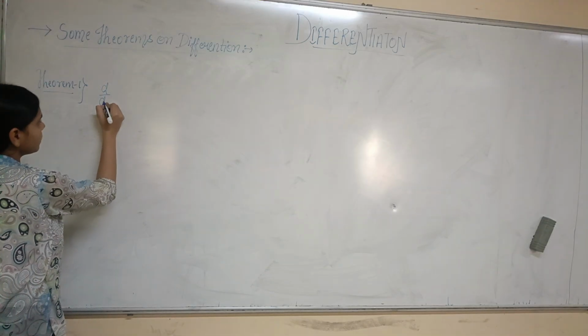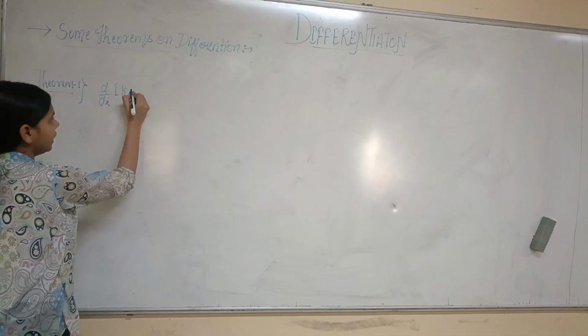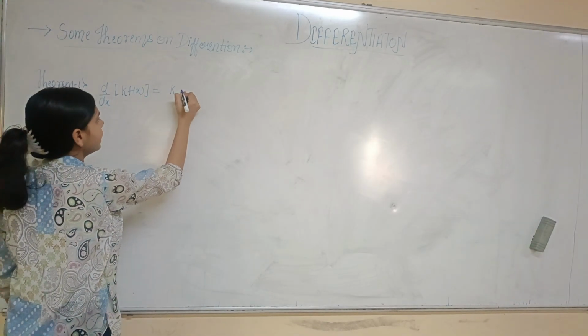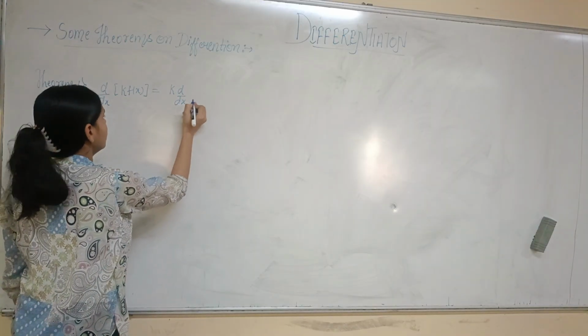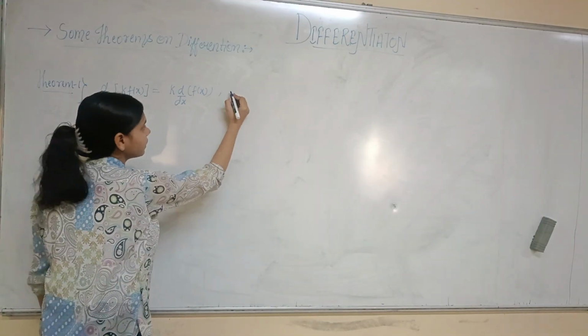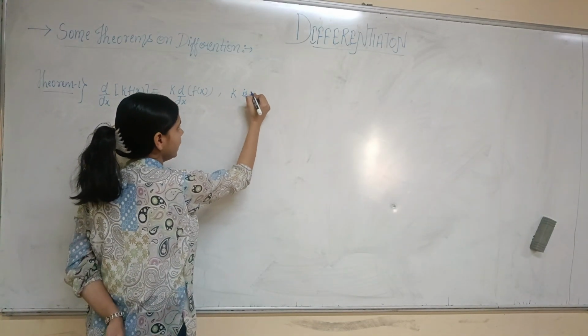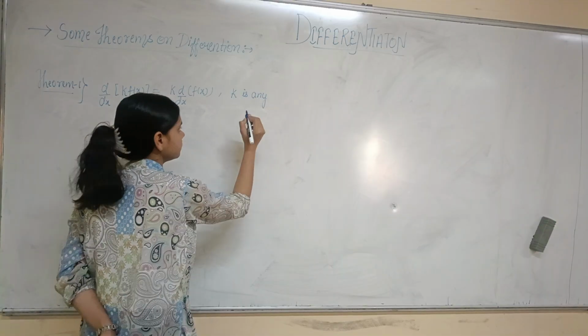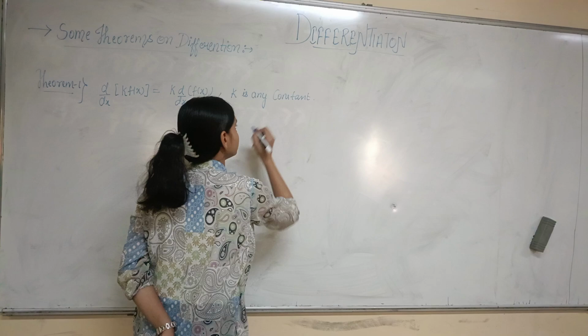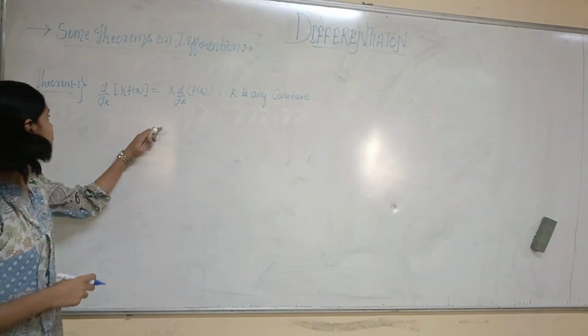d by dx of k f(x) is equal to k d by dx of f(x), where k is any constant. This is the first theorem.